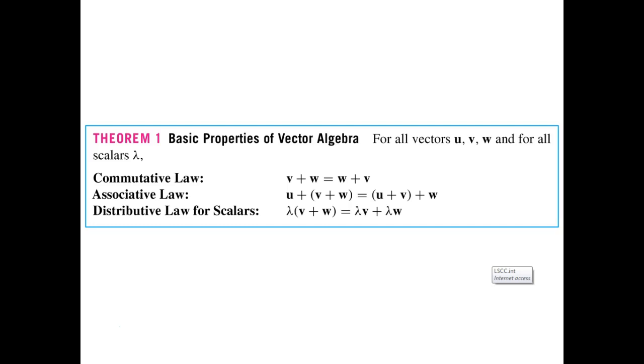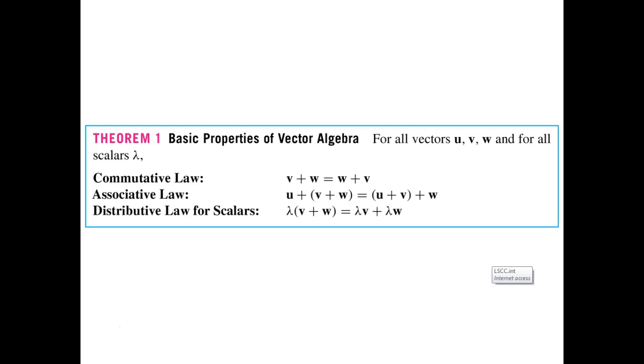Associative law, it doesn't matter how you organize it. u plus the sum of v plus w is the same as the sum of u plus v added to w.